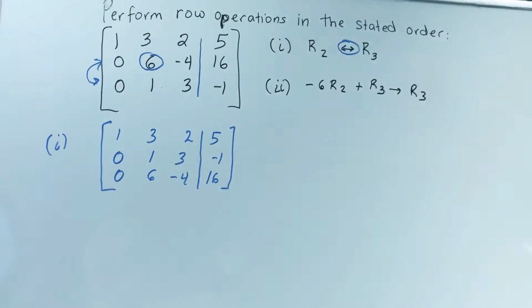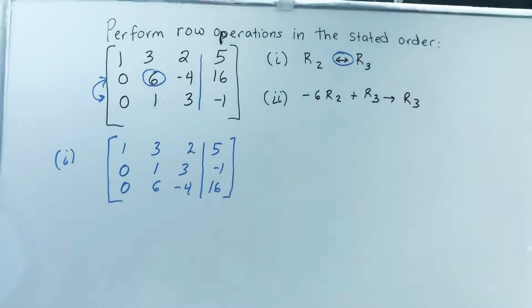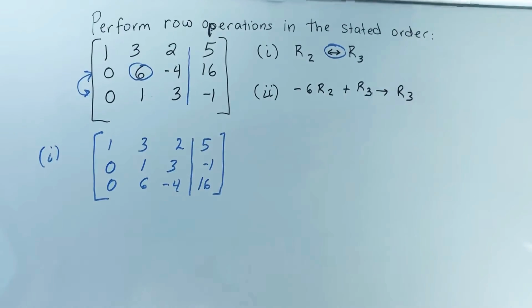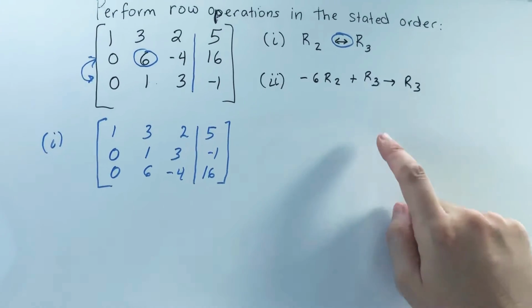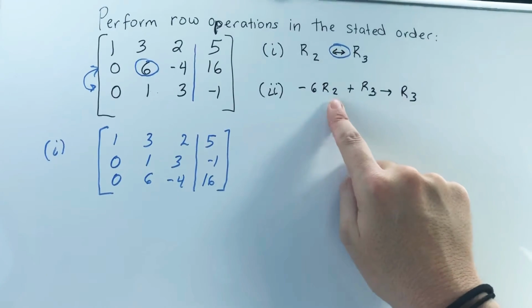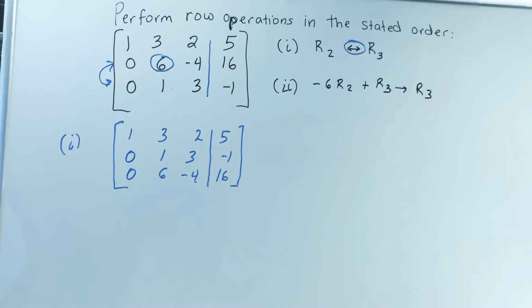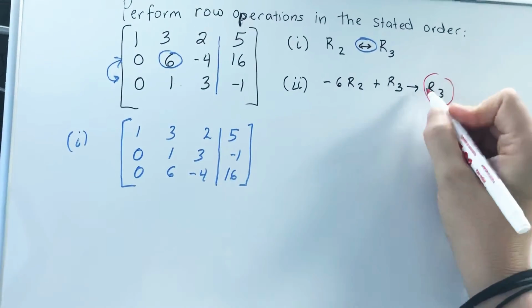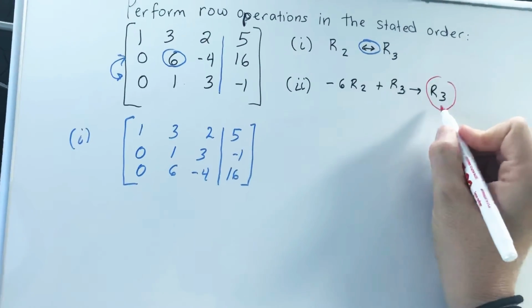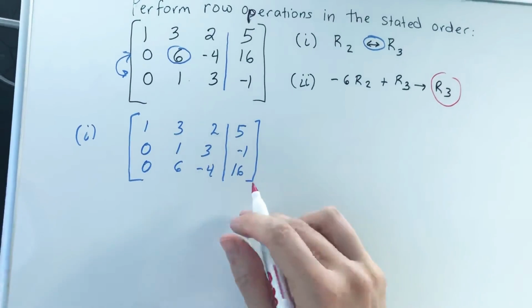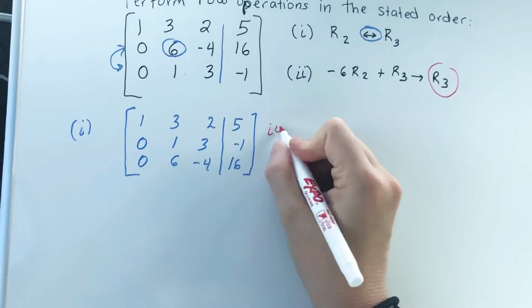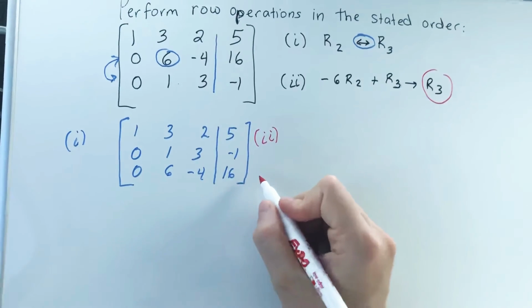To get our next row operation, what we need to do is recognize what it's asking us. It is asking us to take -6 times row 2 and add it to row 3, putting the result in row 3. That's what this single arrow means: put this result in this new row. So the only row that should end up changing when you do the second row operation is row 3.